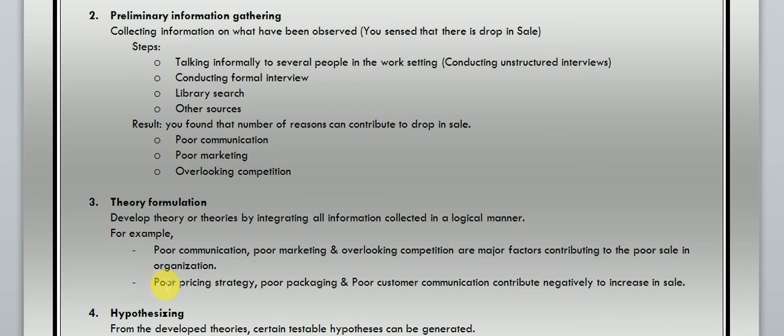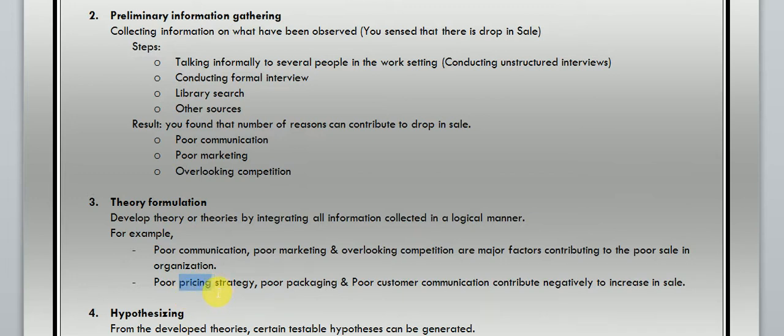Also, you can develop a theory like this: poor pricing strategy, poor packaging, and poor customer communication contribute negatively to an increase in sale. For example, for poor pricing strategy, you have taken this idea from overlooking competition. It means if you are not careful about the competition and you're careless, your pricing strategy may be poor.